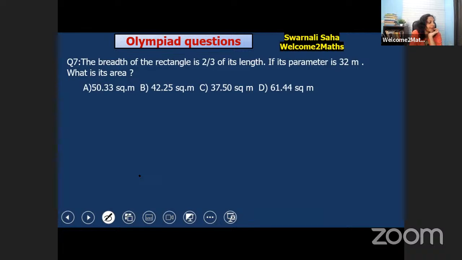The breadth of a rectangle is 2/3 of its length. If its perimeter is 32 meter, what is its area? Anyone? So now let's check the answer then. Are you solving the question?